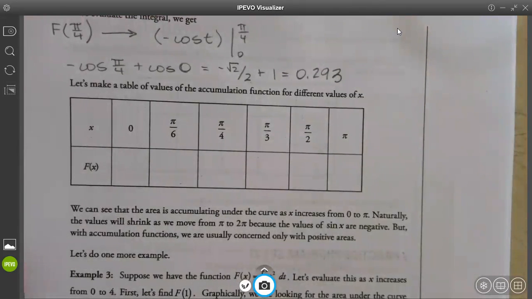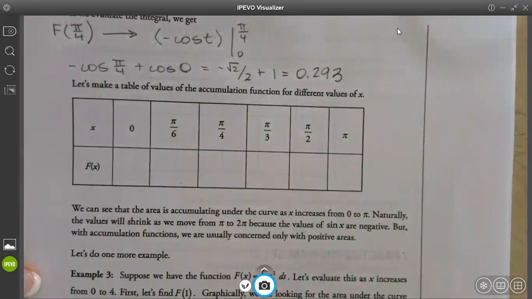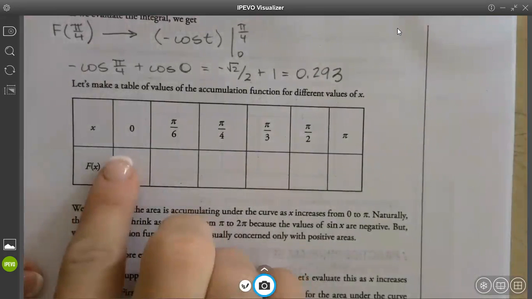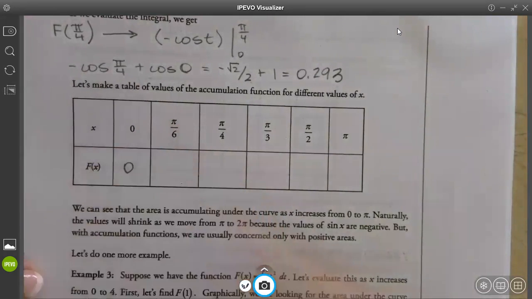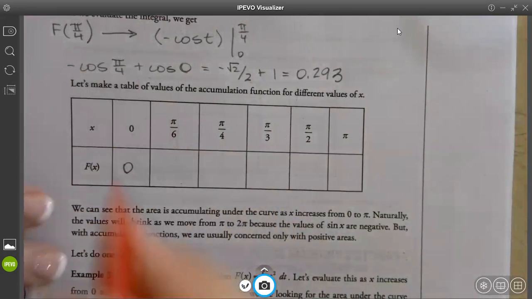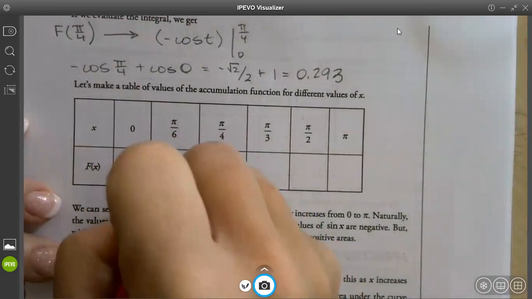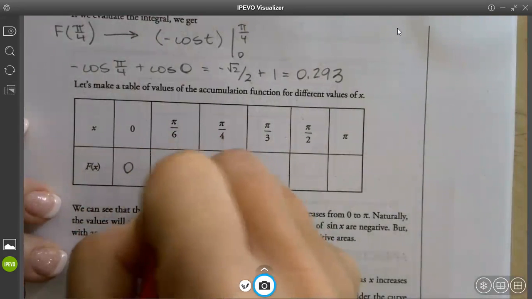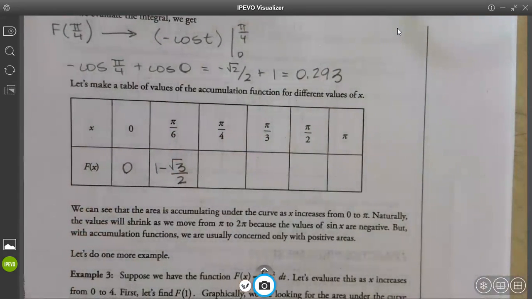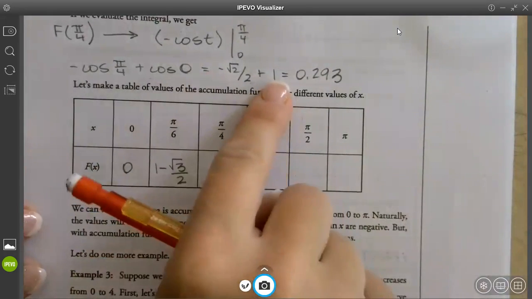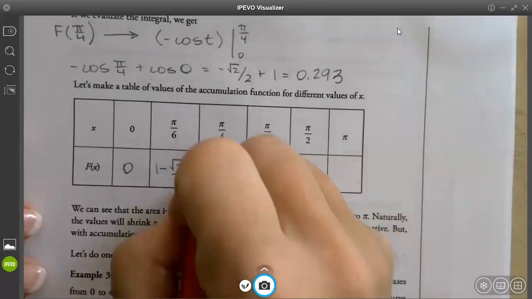It says, let's make a table of values of the accumulation function for the different values of x. So we already did 0. We found out it was 0. We did pi over 6. That was 1 minus the square root of 3 over 2. We just did pi over 4. They're writing it backwards. It'll be 1 minus square root of 2 over 2.